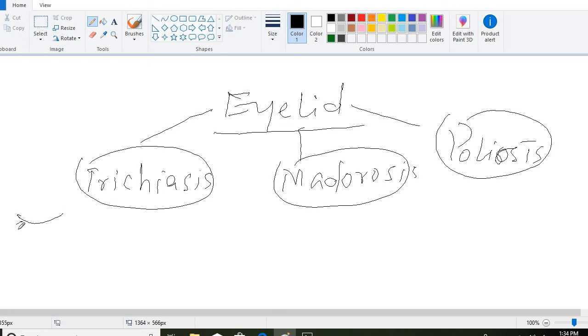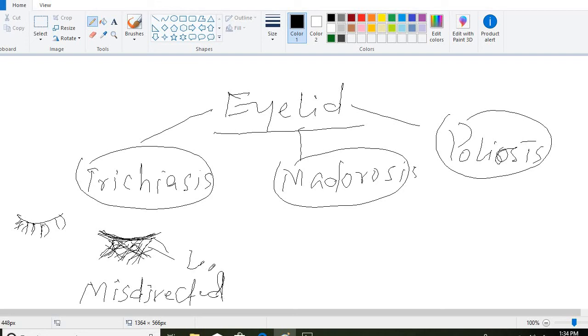This is the normal anatomy of the eyelid, and these are the eyelashes in their position. In trichiasis, there may be misdirected eyelashes like this. As I am drawing, there will be no particular direction, they may be in any position. In madarosis, there will be loss of eyelashes, no lashes in the patient.